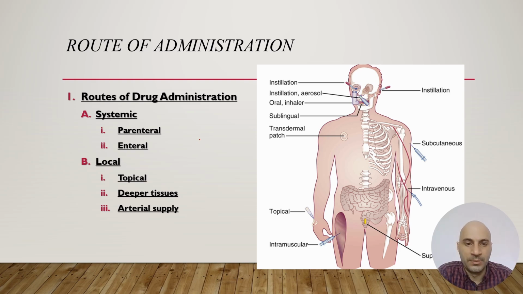The drug needs to go into the blood, then from the blood into the target organ, and this is divided into enteral, administration through the GI tract, or parenteral, any systemic application that is not enteral, like inhalation, like all types of injections. And we have the topical, local application, like local injections, or topical creams, or administration on the mucosa, for example, of the mouth, of the nose, of the rectum.